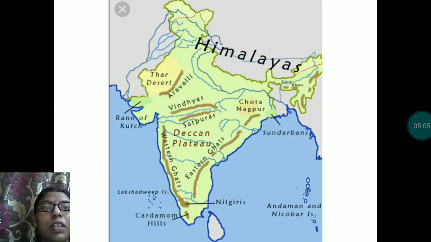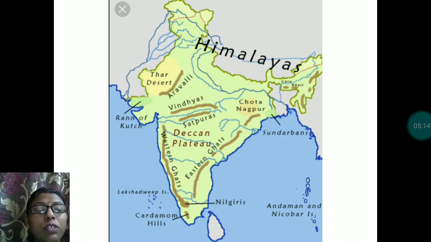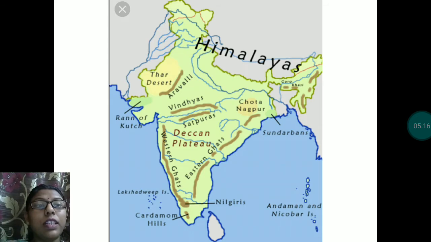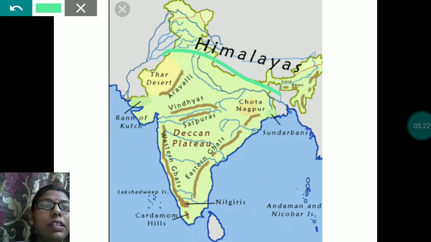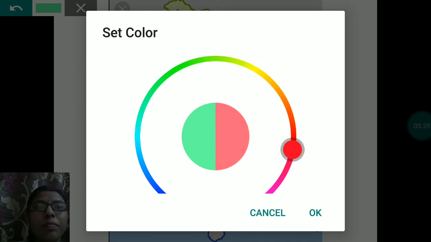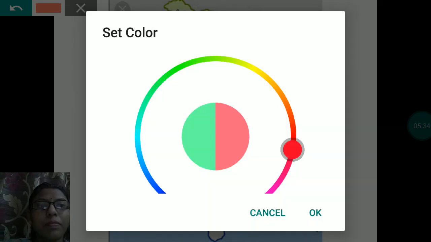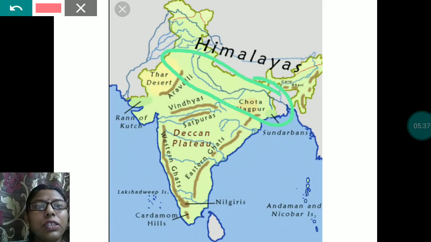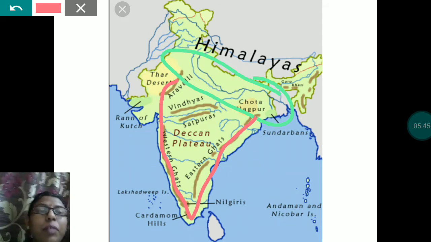Now, the Southern Plateau. You have to read about the Southern Plateau. It lies to the south of the Northern Plains. Not north, it lies to the south of the Northern Plains. This area is the Northern Plains. So it lies to the south of the Northern Plains, and it is forming a triangular shape.